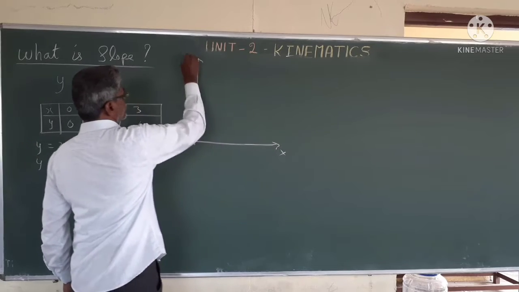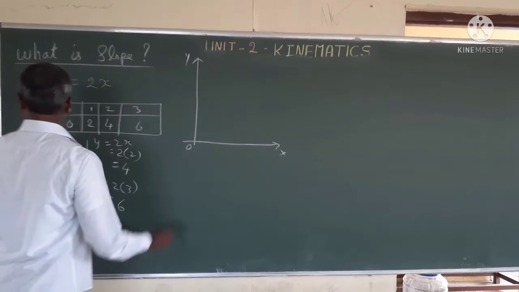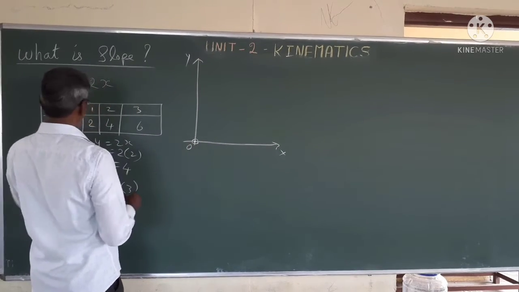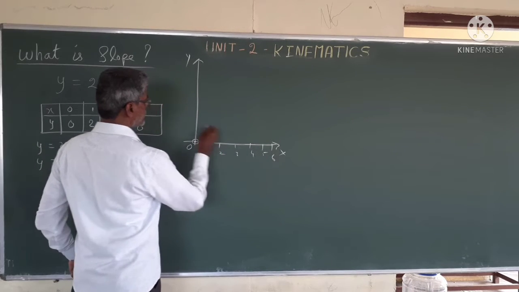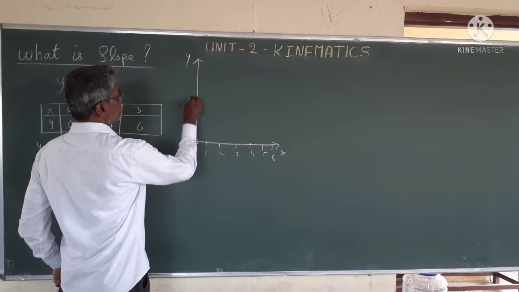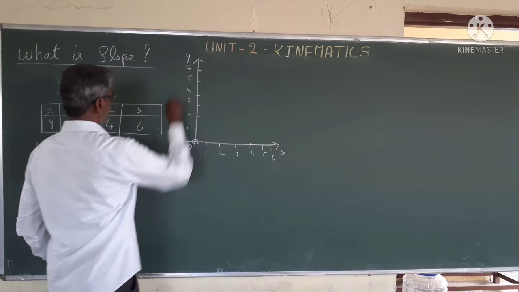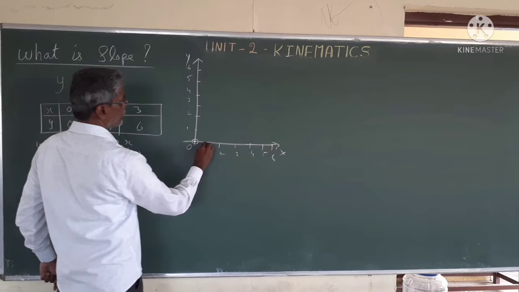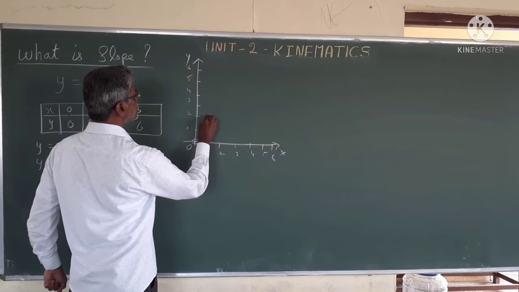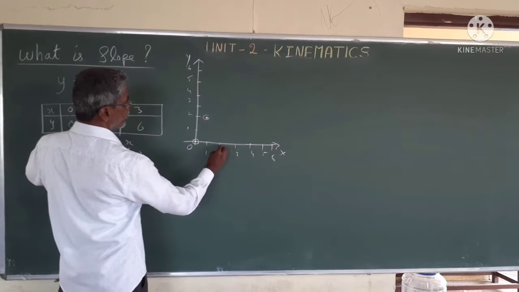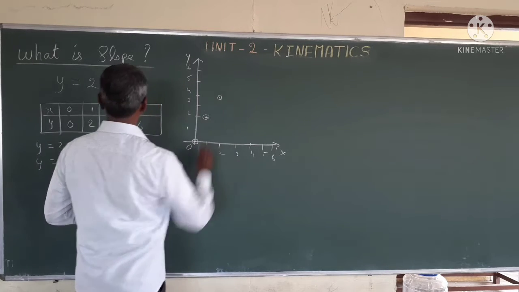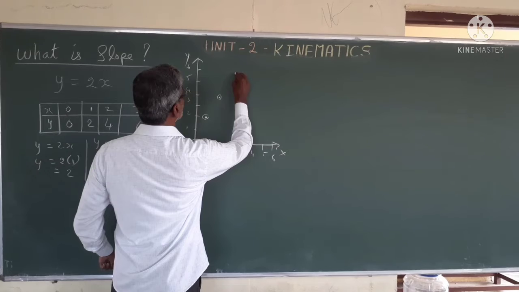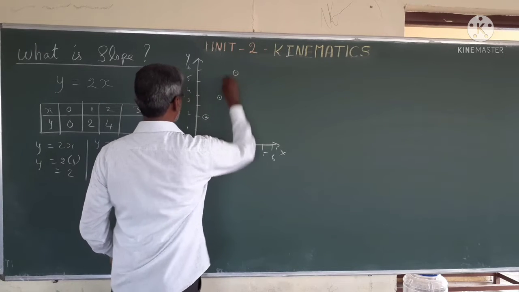So x, y. For 0, this one is 0. Then 1, 2, 3, 4, 5, 6. For 1, it is 2. For 2, it is 4. For 3, it is 6.